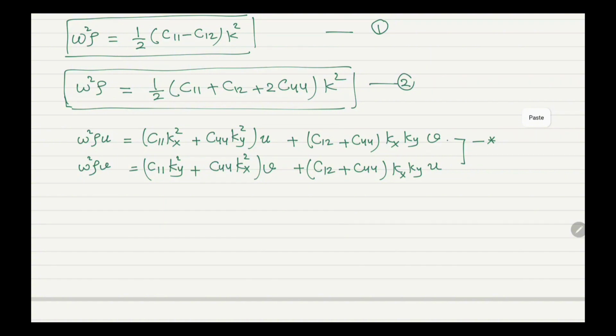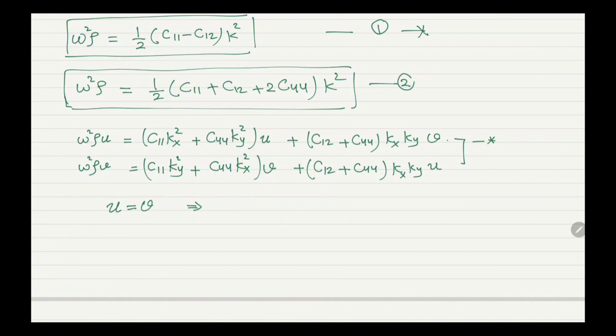If we substitute solution number 1 in one of these two equations, and we get u equal to, in this case, v, then this solution will be longitudinal, otherwise it will be transverse. Let's test that and see.